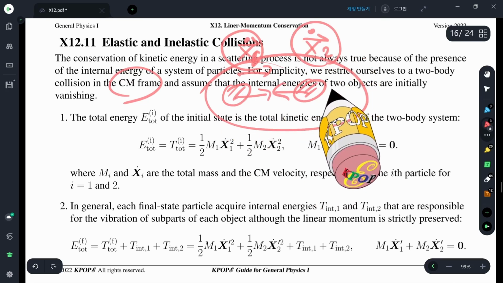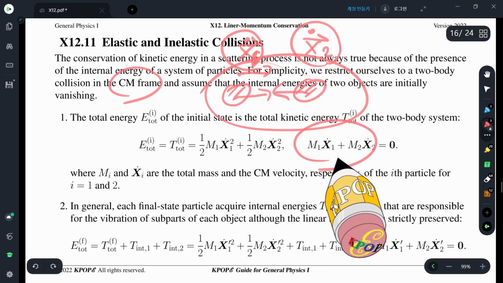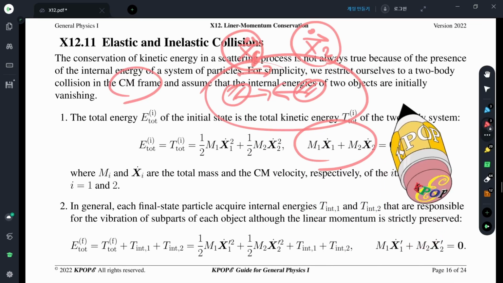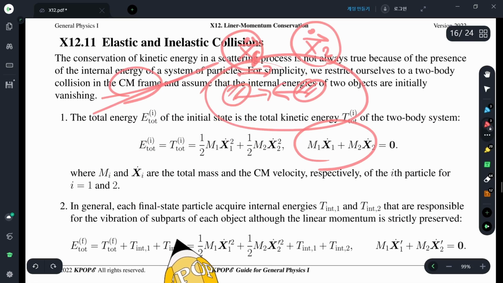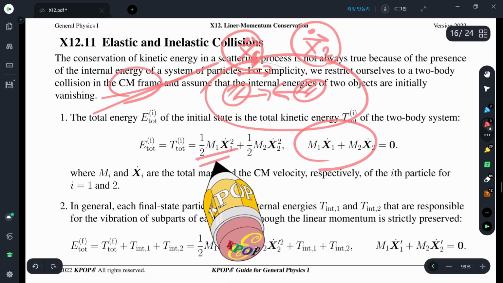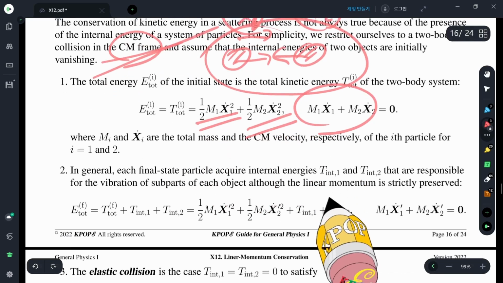They collide. When they collide, the total linear momentum is vanishing because, for simplicity, we have chosen the center of momentum frame. The kinetic energy is the sum of each particle's kinetic energy.